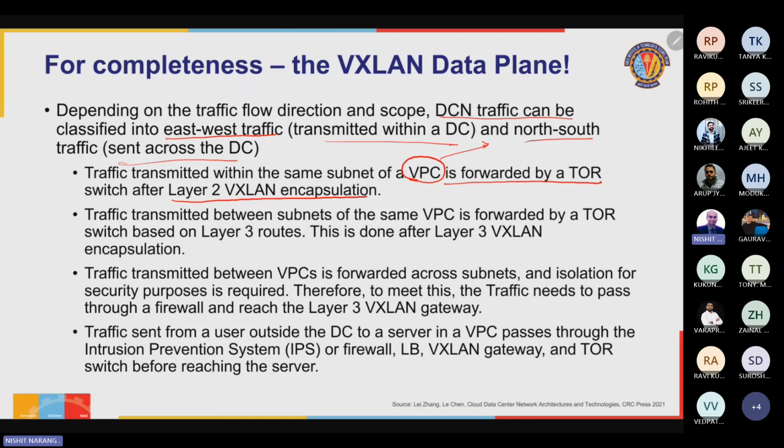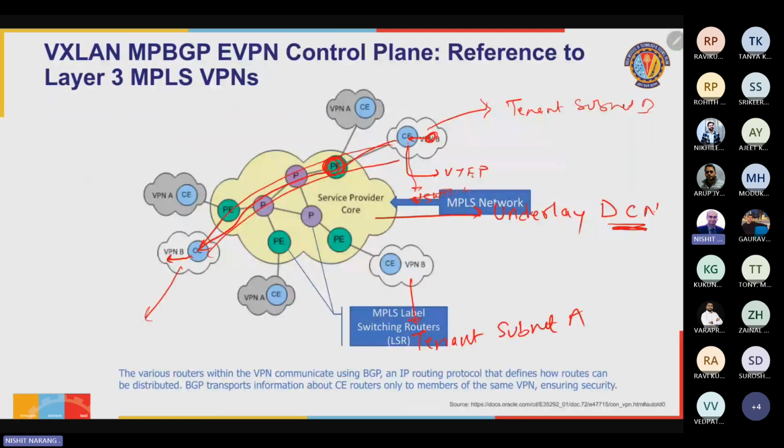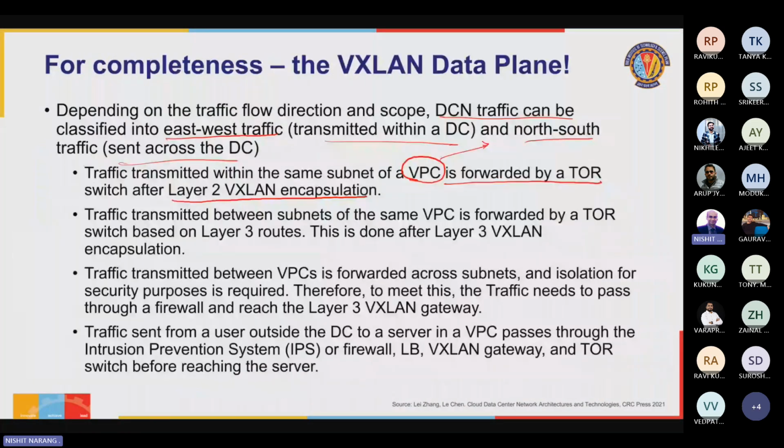I can use VXLAN to even transmit traffic between subnets of a VPC. Like on the previous slide, this could be one subnet of your tenant, and this could be another subnet. The overlay network, the virtual network that I'm creating, could internally have multiple subnets. Traffic can be transmitted between subnets of a tenant overlay network.